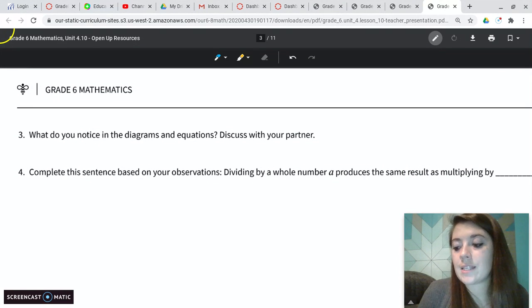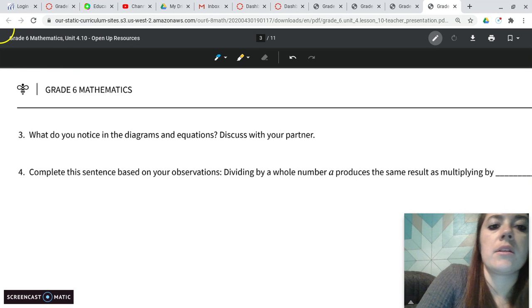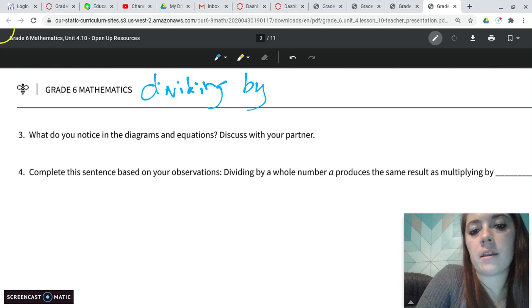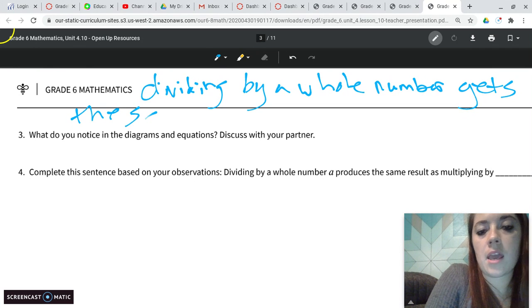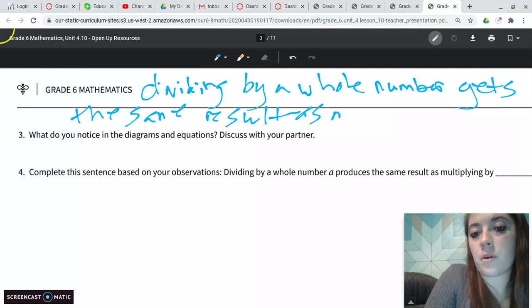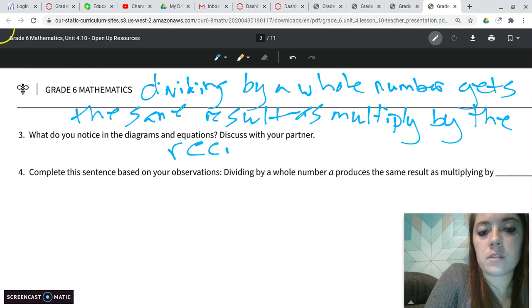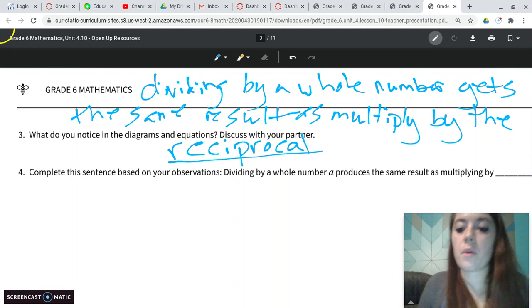So you should notice that dividing by a whole number gets the same result as multiplying by the reciprocal. Now, reciprocal is your keyword for this lesson.